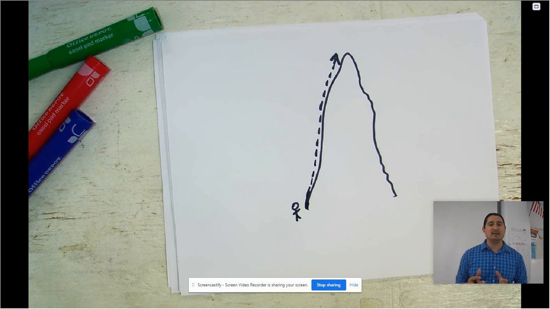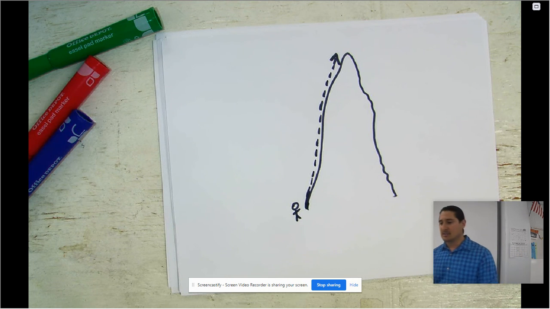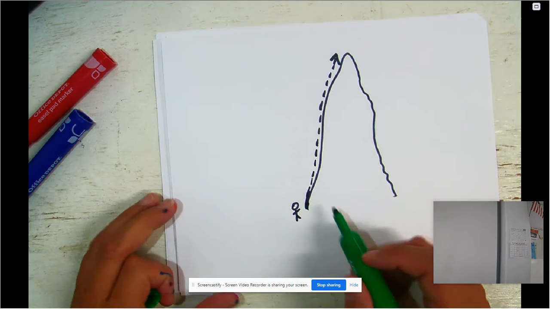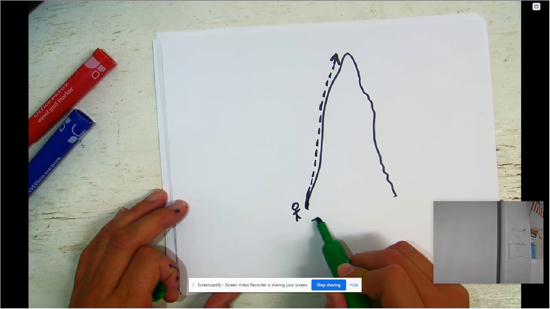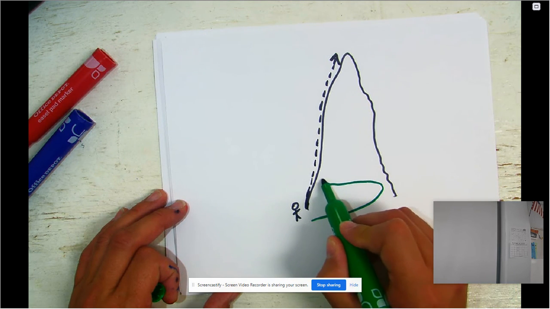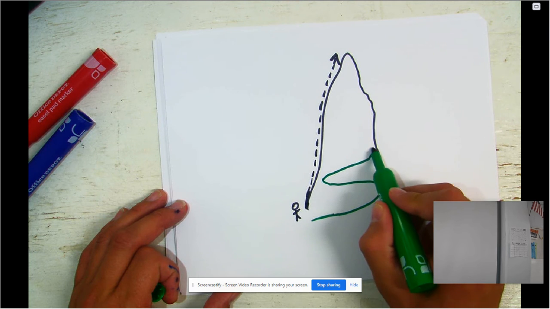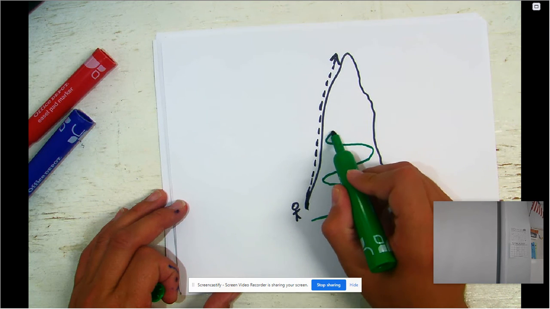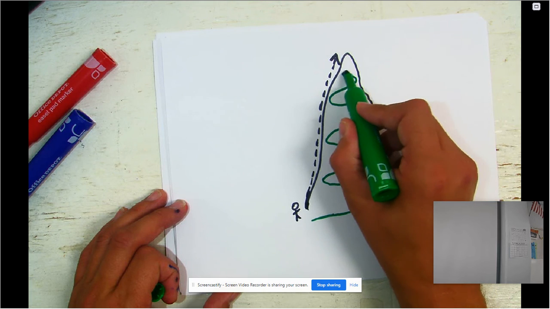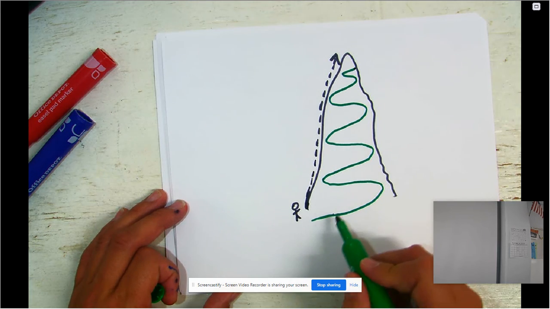How can we make that easier? We can use a simple machine, which is an inclined plane. So let's take a look at that. If we were to add an inclined plane, right? If we made a trail and we made this inclined plane, right?